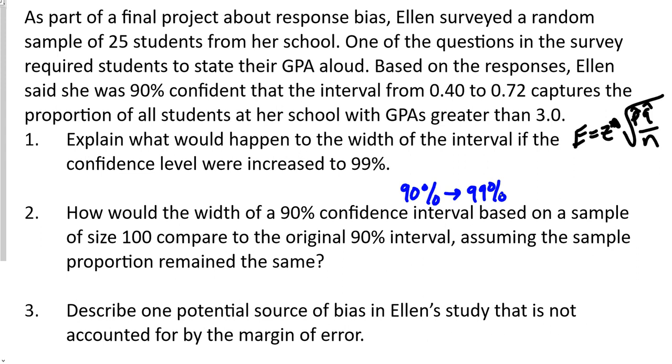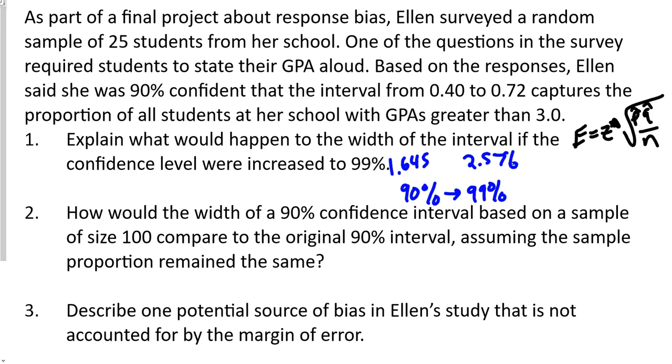Well, I've got some values here. I believe the 90% critical value is 1.645. That would go to 2.576, I think, I don't remember exactly. We're going with 2.576, but either way, you can see what's happening here.